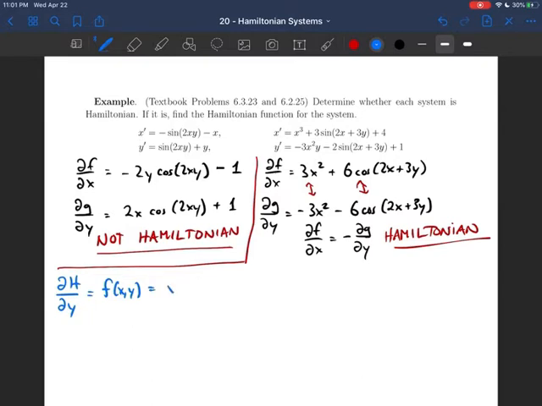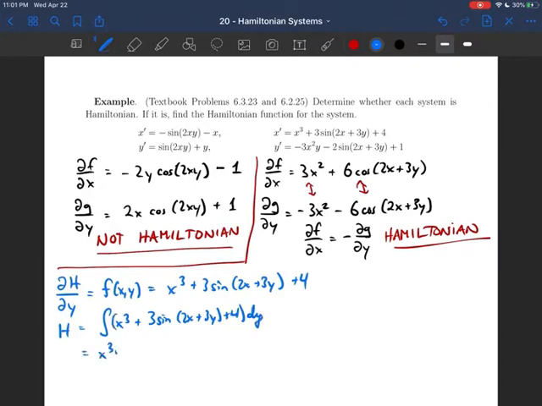Okay, so let's see what we get. Well, first of all, we know that the partial of h with respect to y, by the definition of Hamiltonian, will be equal to f of x comma y, which is x cubed plus 3 sine of 2x plus 3y plus 4.